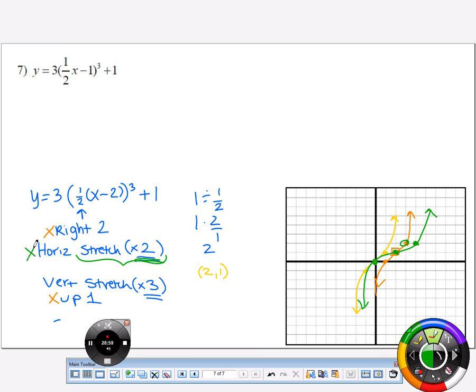Then the last thing we have to do to it is vertically stretch it. So here's our vertex. That's where we're measuring from. Okay, this point right here. How far is it from your vertex vertically? 1 unit, okay, from the level of the vertex.